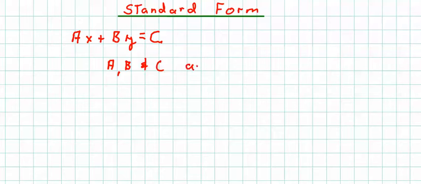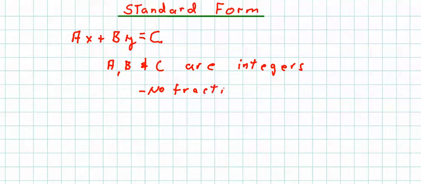A, B, and C are integers. No fractions and no decimals.